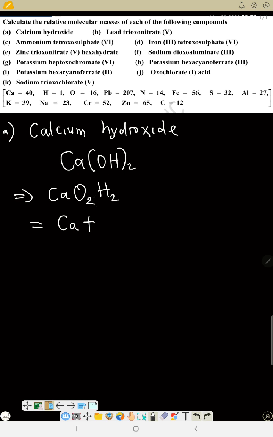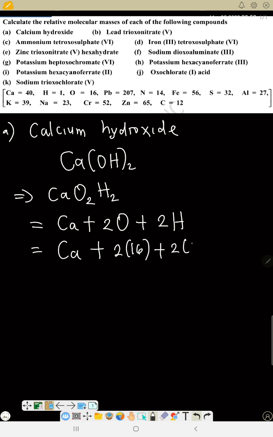We have 2 oxygen, so that will be 2O, plus another 2 hydrogen, that will be 2H. So now put their atomic masses: Ca plus 2 bracket 16, oxygen is 16, hydrogen is 1.